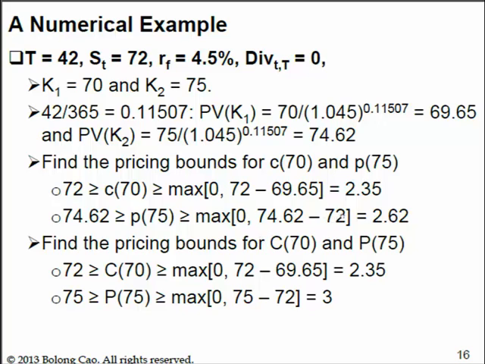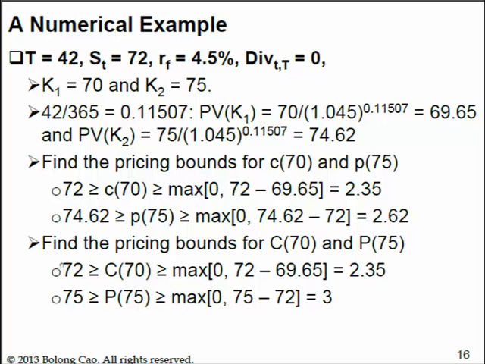Obviously, if the spot price is way higher than this discounted strike, let's say $80, this put option is out of the money, and the lower bound will just be 0. But here, this difference is positive, so the lower bound is $2.62. So for the European put, with a $75 strike and 42 days to expiration, you have an upper bound of $74.62 and a lower bound of $2.62.